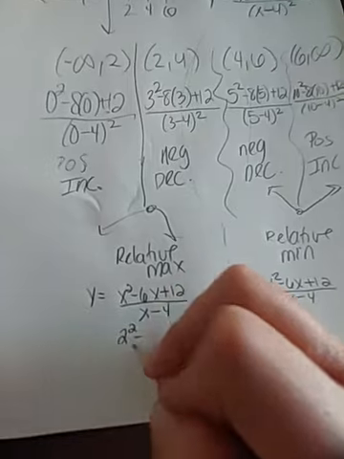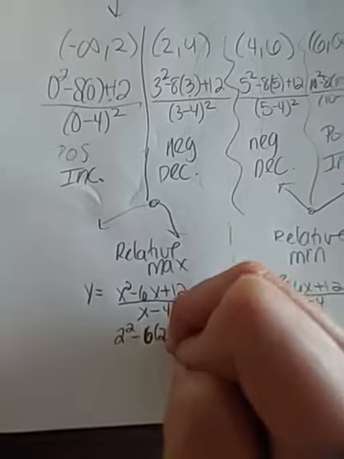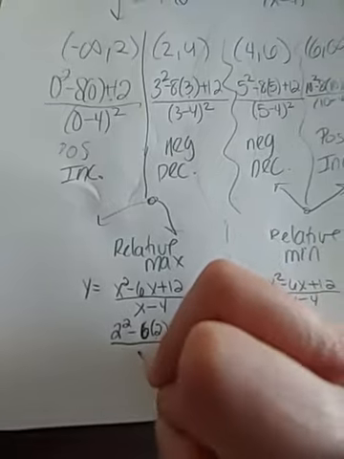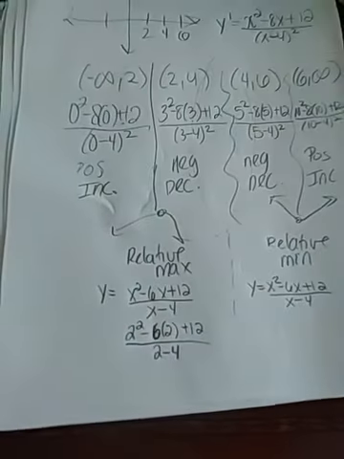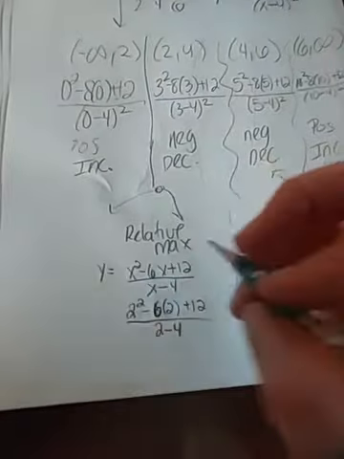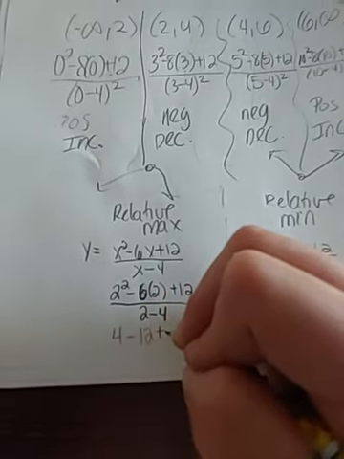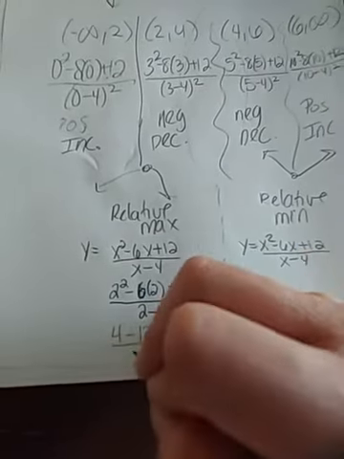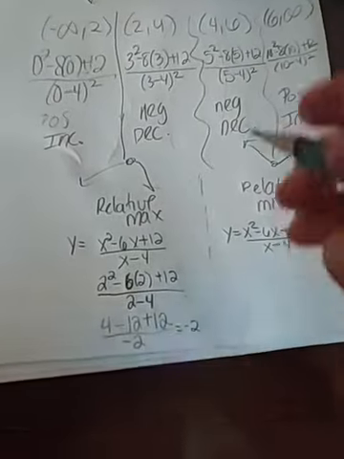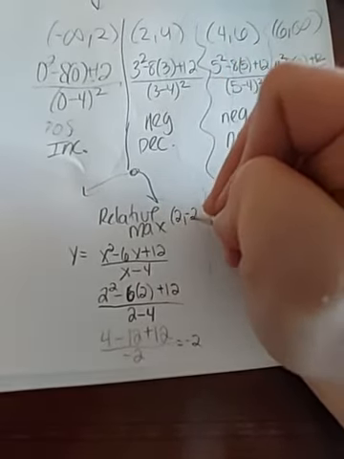All right, 2 squared minus 6 times 2 plus 12 over 2 minus 4. All right, so we have on the top 4 minus 12 plus 12 over negative 2. So 4 over negative 2 is negative 2. So my relative maximum is 2 comma negative 2.